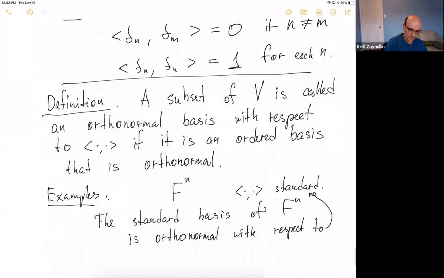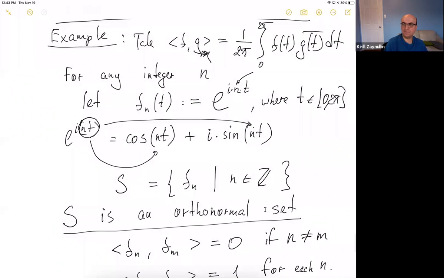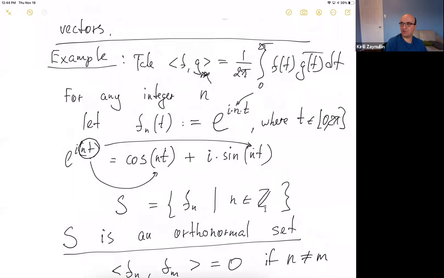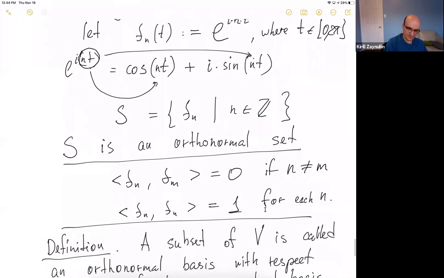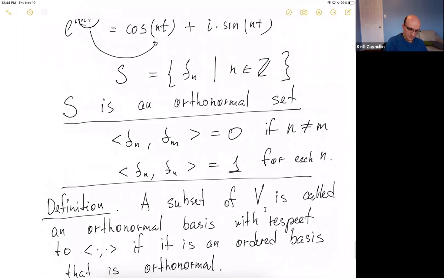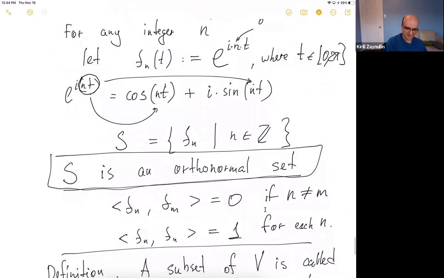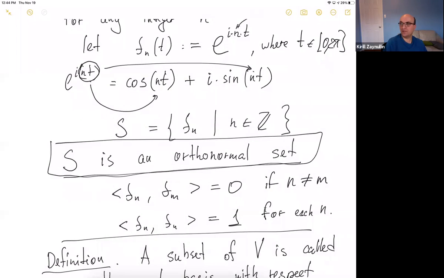Indeed, it's a very interesting question whether one can find an orthonormal basis of this infinite dimensional space of all complex valued functions, or real valued functions. I'll try to address it later on. So there's one candidate, however, one has to be a little bit careful here, because it's not clear whether it spans the whole space.